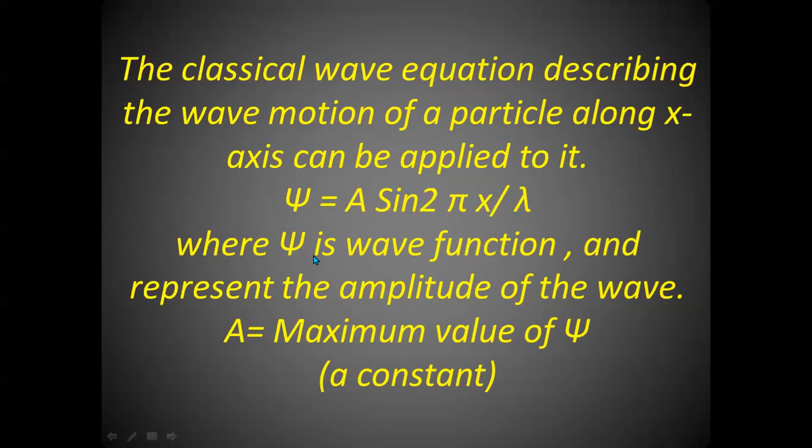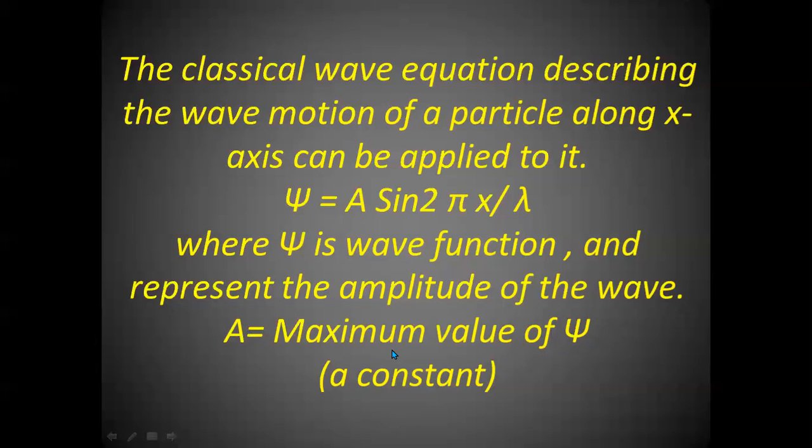What is psi then? It is a wave function, and it represents the amplitude of the wave. Just now I told you what amplitude is. Amplitude is nothing but the maximum displacement of a particle of the medium from its mean position. So A is equal to the maximum value of psi.